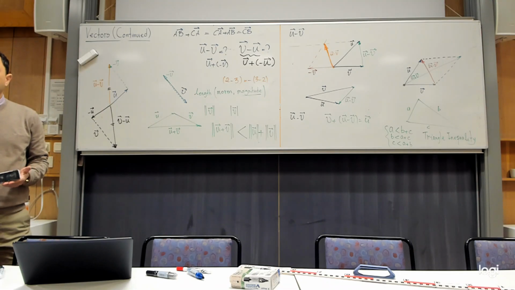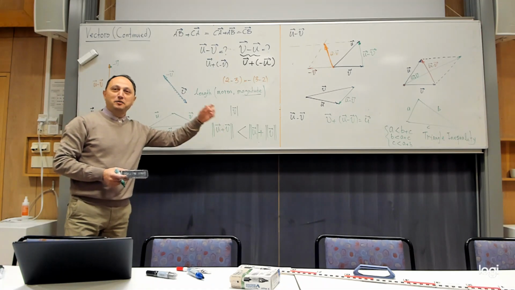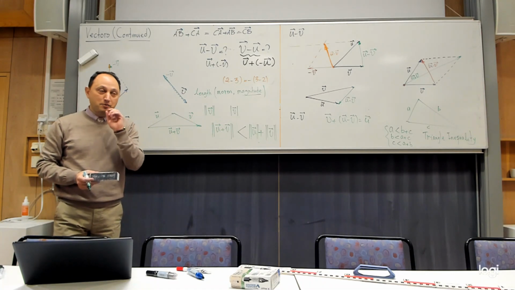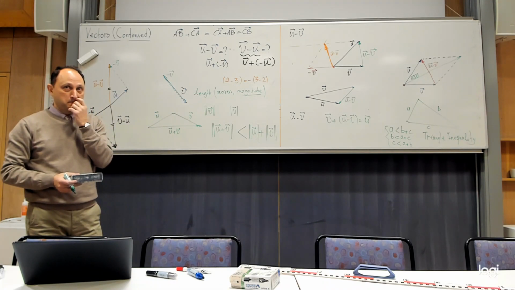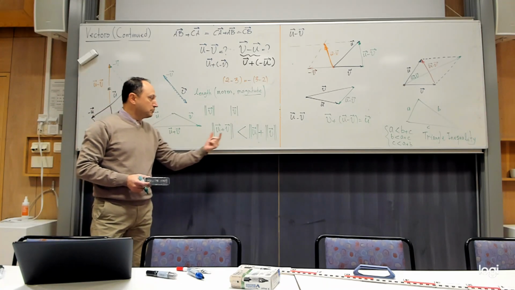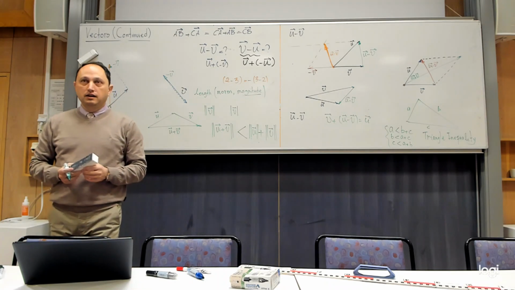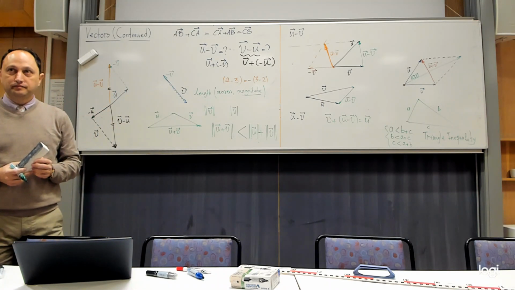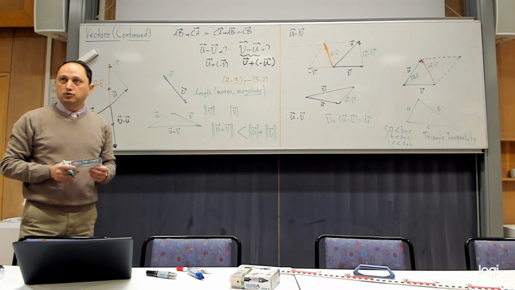It's 99% correct, but there is some exception, not for triangles but for vectors. So my question is: is it possible to have equality? Ali: if the vectors are in the same direction and you add them together, that would be equality. Yes.